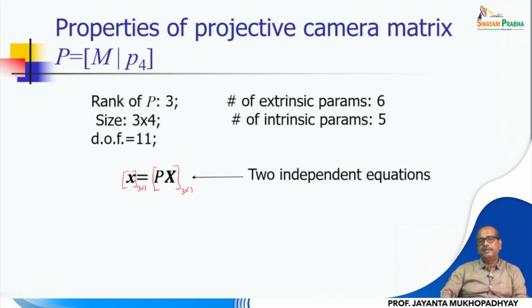But we will see that because of this projection, the coordinates of the observed image points are related by scale factors. So, you have one less, you have a dependency among them.